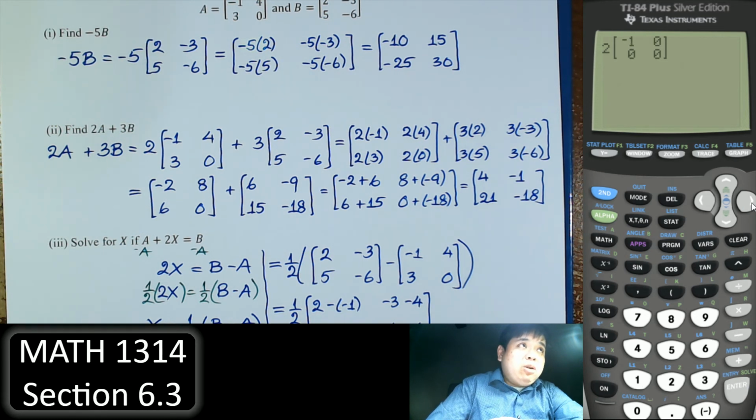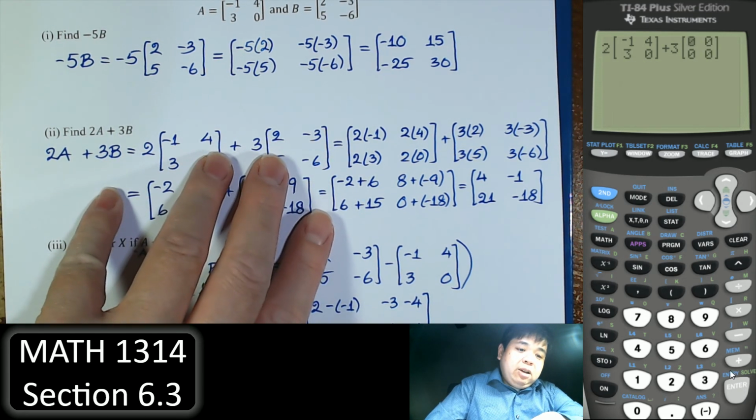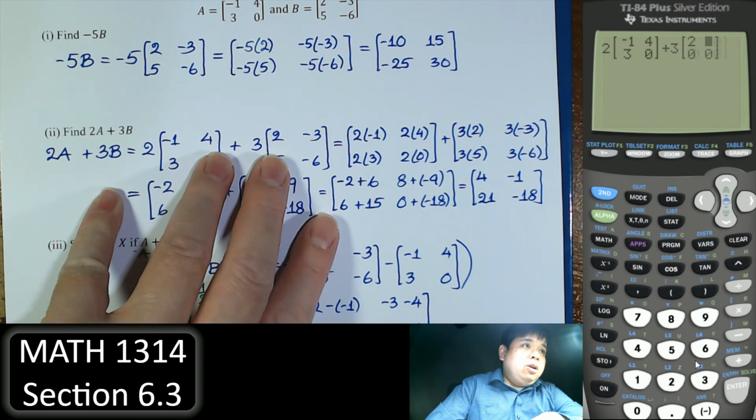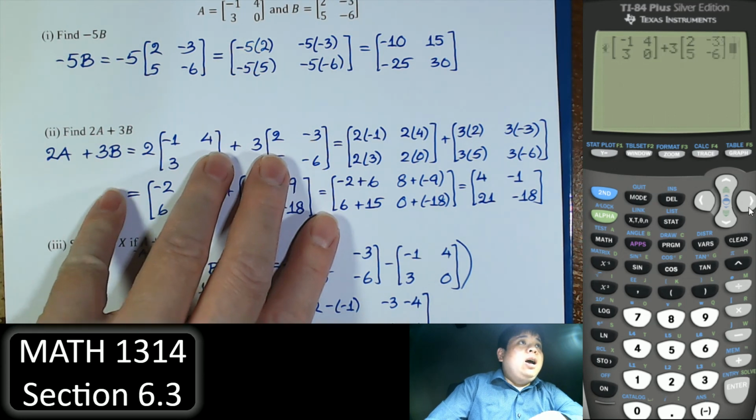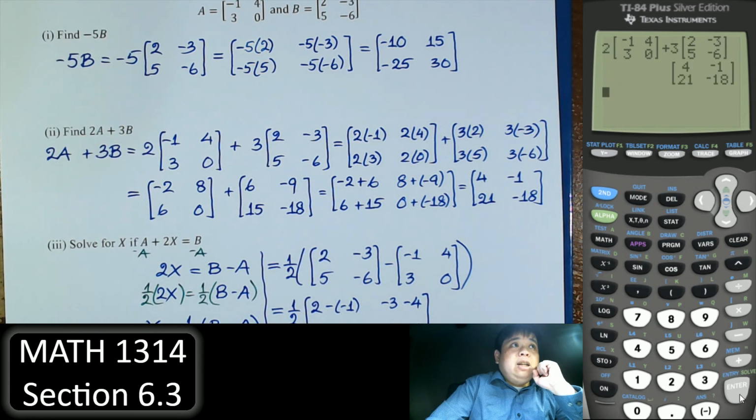Only use the arrow. -1, 4, 3, and 0. Then +3 alpha zoom. Once again, 2 rows, 2 columns. And now we have 2, -3, 5, and -6. When we're done, hit enter, it gives us the answer.